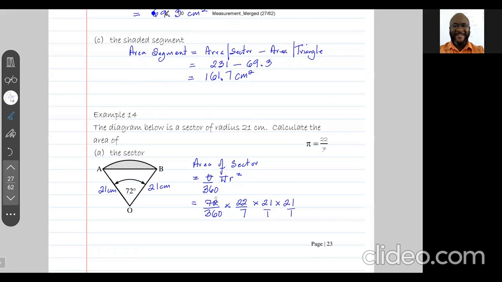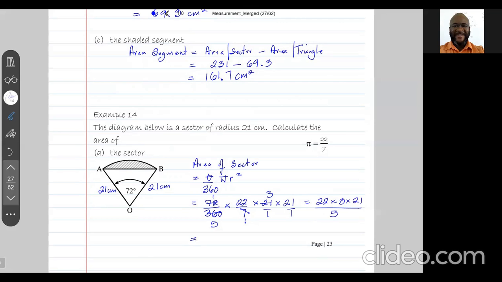So 72 goes into 360 5 times, 7 goes into 21 3 times, and so my answer is 22 multiplied by 3 multiplied by 21 divided by 5. All right, so to get my answer, it's going to be 22 times 3 times 21 divided by 5.